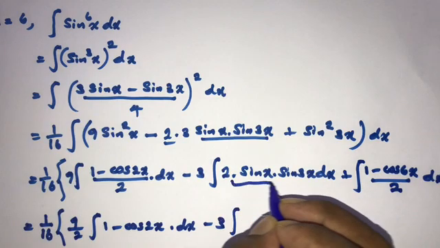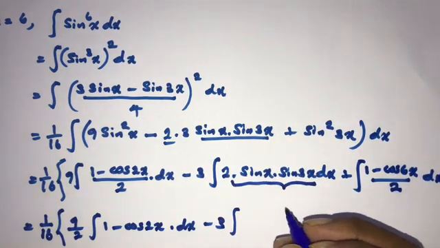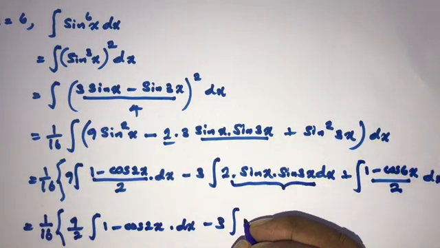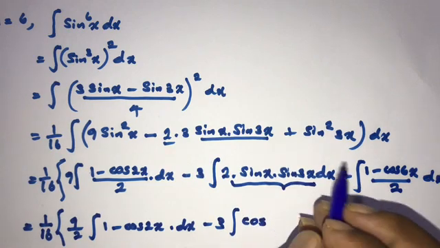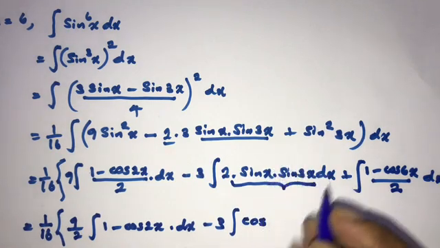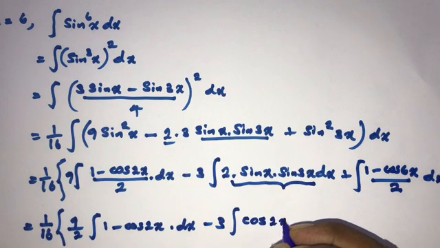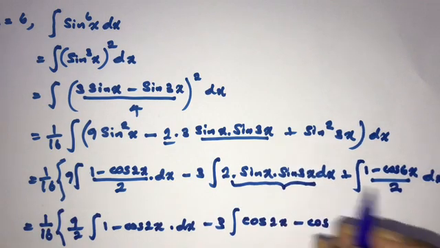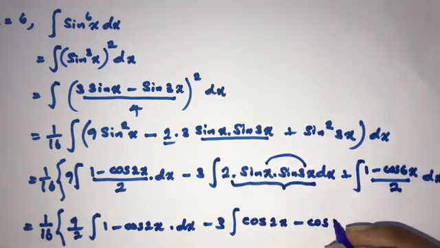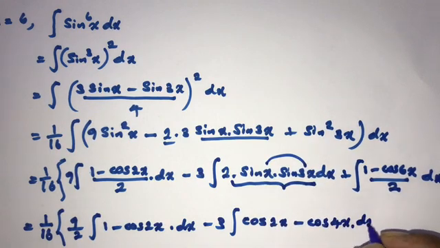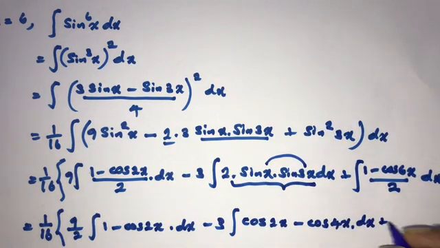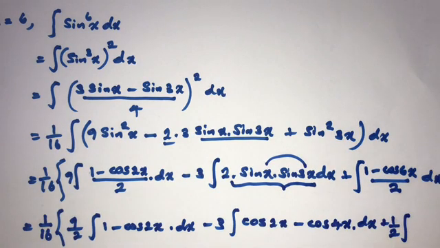Now we know this is a difference of cosine functions, so cosine of 3x minus x, so 2x, minus 3x plus x, 4x dx, plus 1 over 2 times the integral of 1 minus cosine of 6x dx.